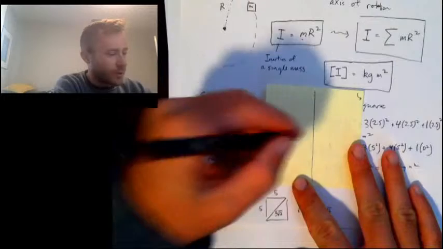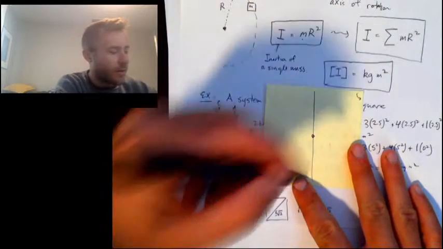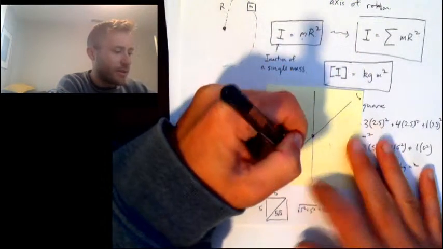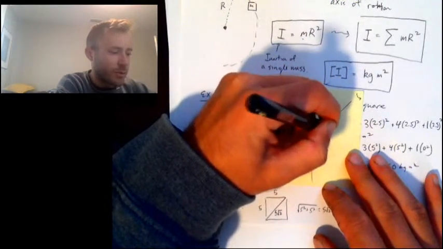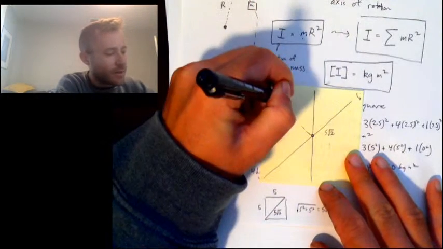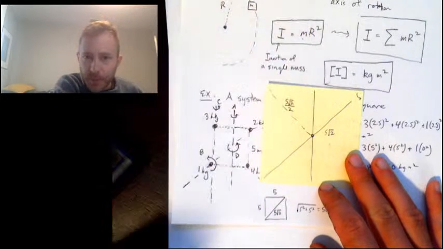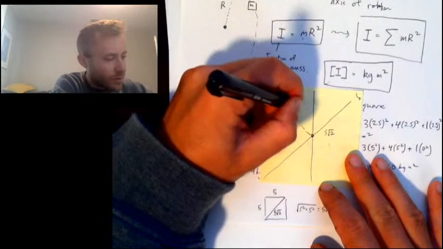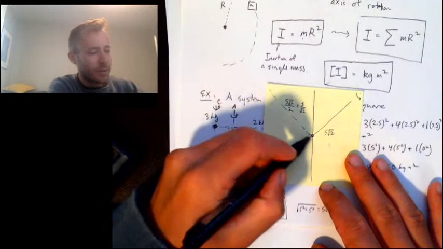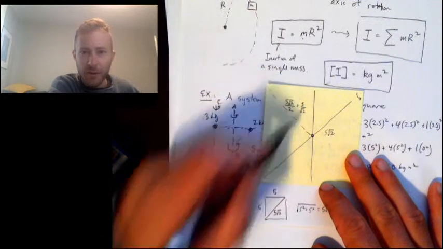If this is the center, we said that the entire diagonal is 5 square root of 2. So half a diagonal is 5 square root of 2 over 2, which is also known as 5 over root 2. So the distance from the center of the square to a corner is 5 over root 2.